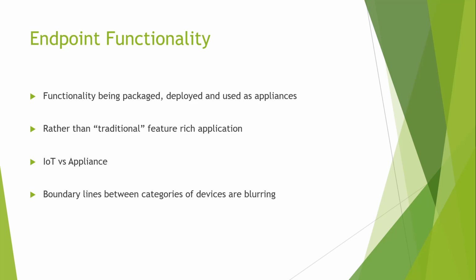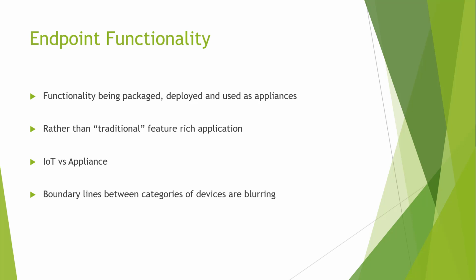All of this deals with endpoint functionality. And that means the functionality is being packaged and deployed as appliances. That's going to be, again, instead of this traditional feature-rich, they could have more limited features. Your smart refrigerator may only have very specific things that it can do.